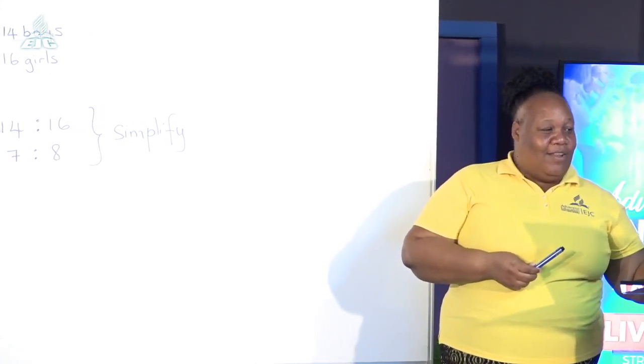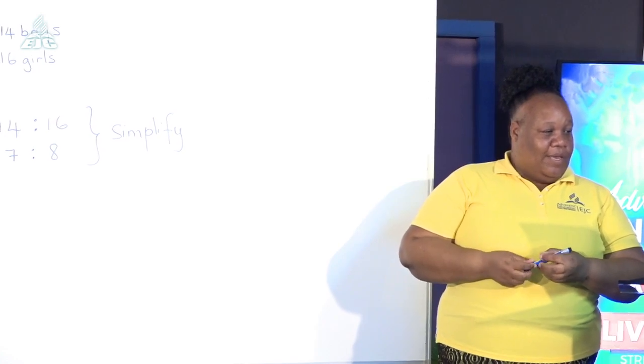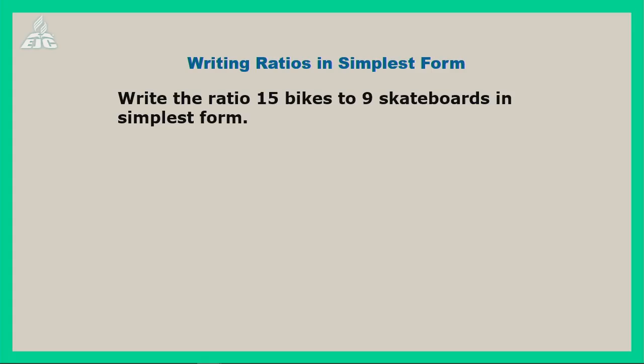On your screen you will be seeing now, we have a ratio to simplify. Write the ratio, 15 bikes to 9 skateboards in simplest form. What do we know? Remember, we unpacked the prompt. What do we know?